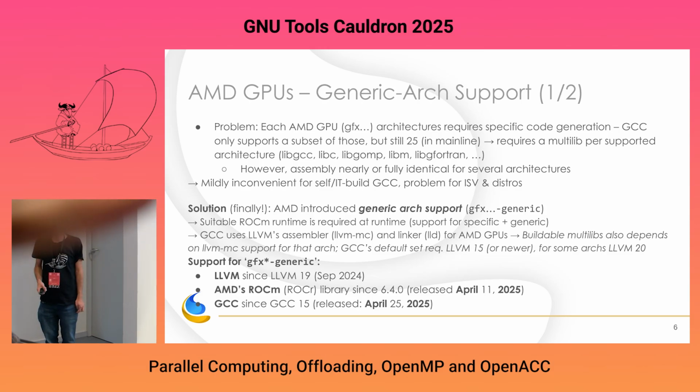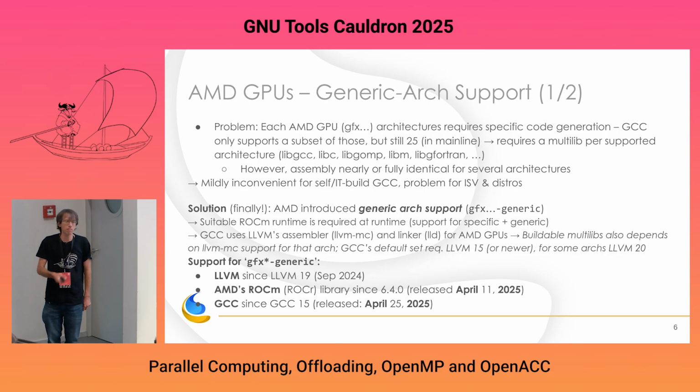So if one wants to write code for them, not only the compiler needs to support it, but also the runtime. So if you ship a distribution or if you want to use it, you have to configure a multilib for the specific GPU. And in mainline, we now have 25 different GPUs, and you don't want to compile for all of them.